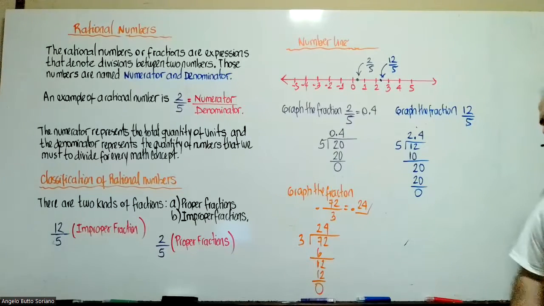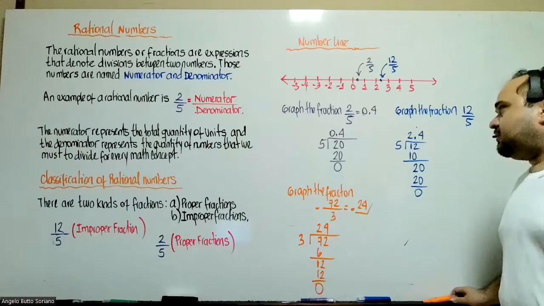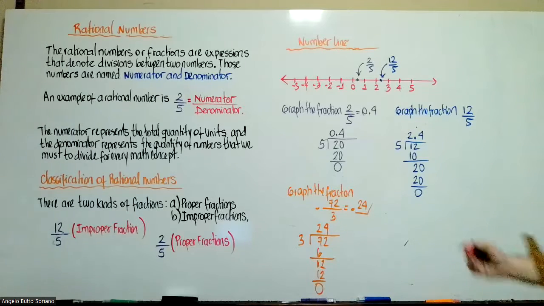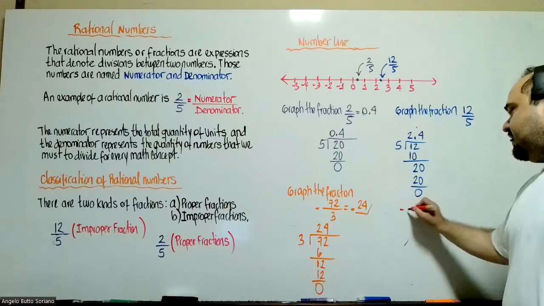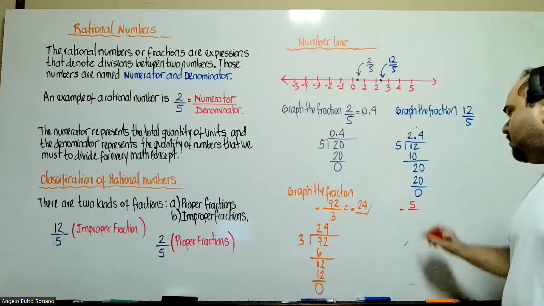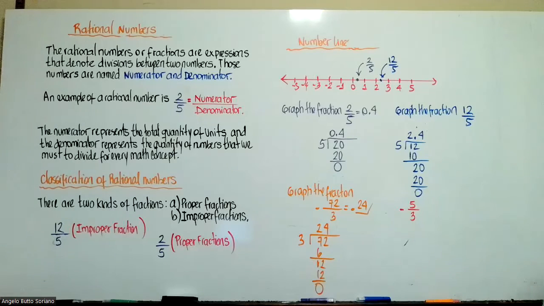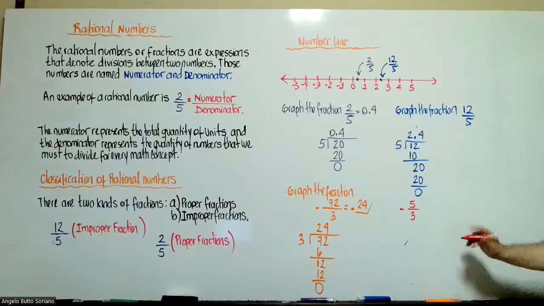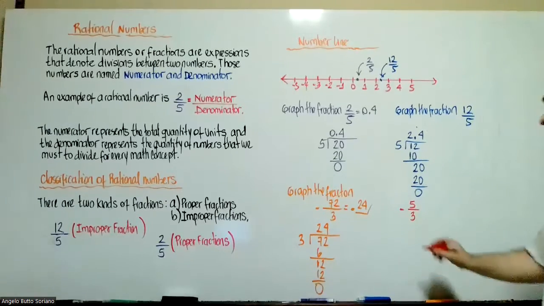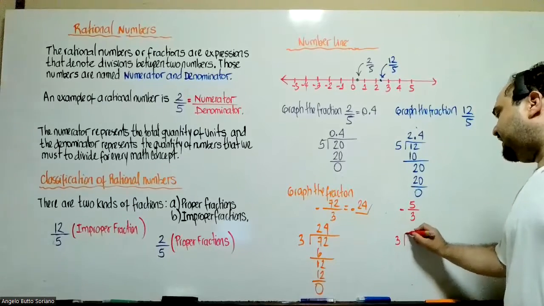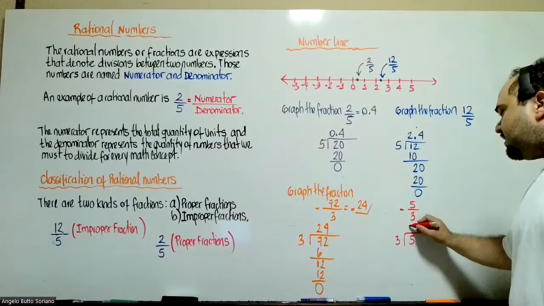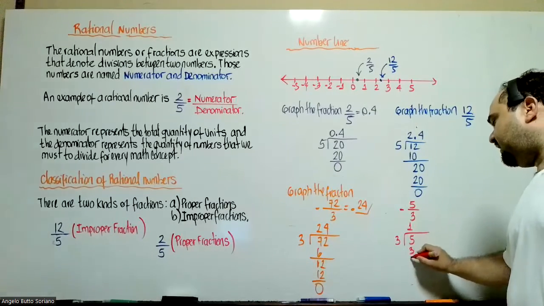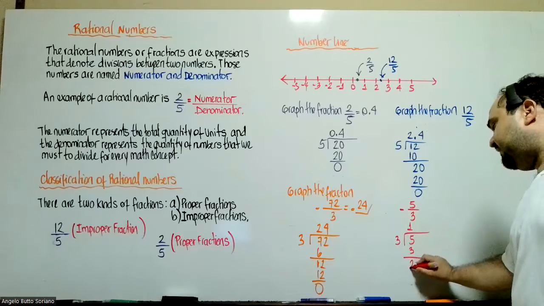But what happens if we are working with smaller numbers? Well, we can use, for example, negative 5 over 3, or negative 5/3. This is also an improper fraction, sorry. So at the moment we must divide 5 by 3. 3 times 1 is 3, and we have 2 units.